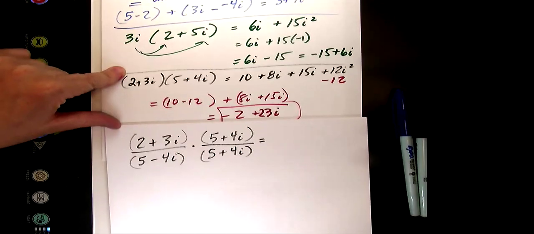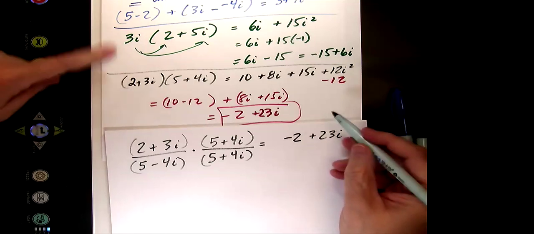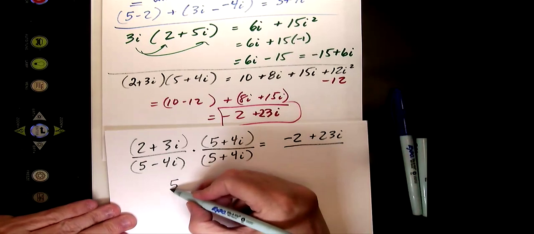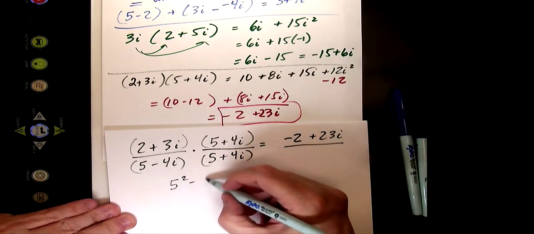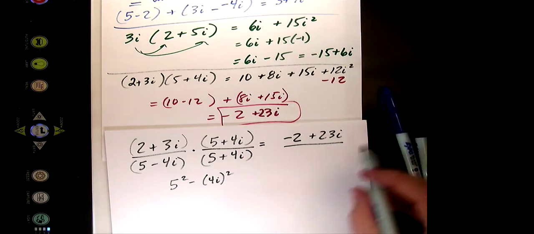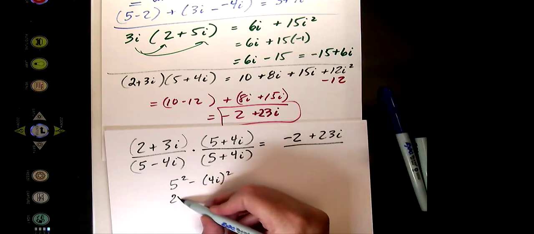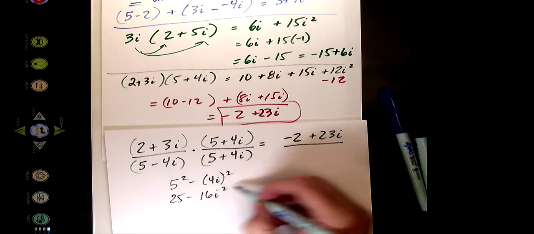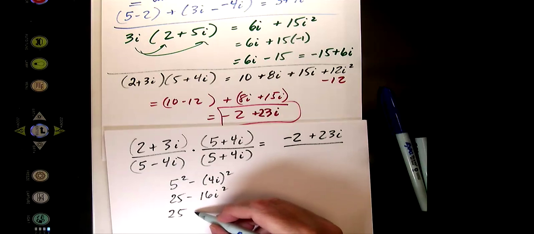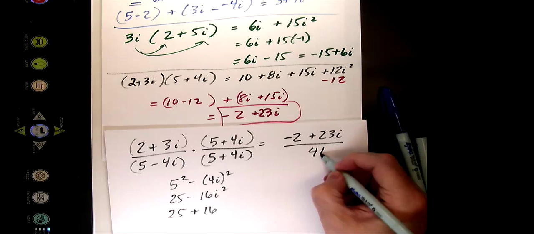The one on top was -2 plus 23i. We just did this up here. The bottom is 5 squared minus 4i squared, which is 25 minus 16i squared. But i squared is -1, so this ends up being plus 16. And those add together to make 41.